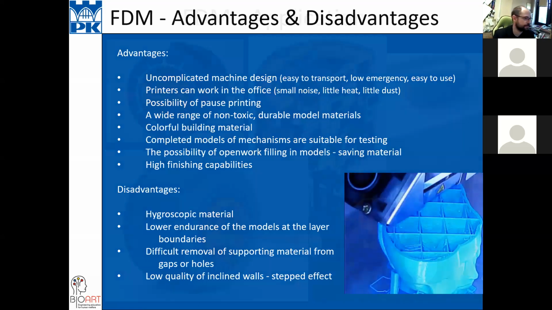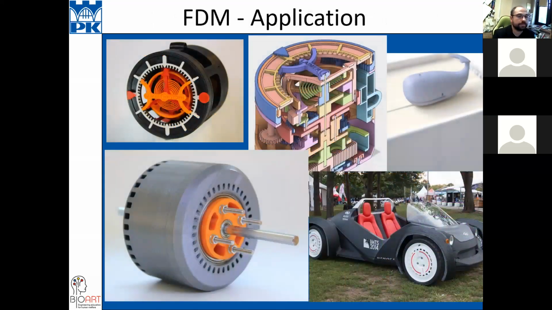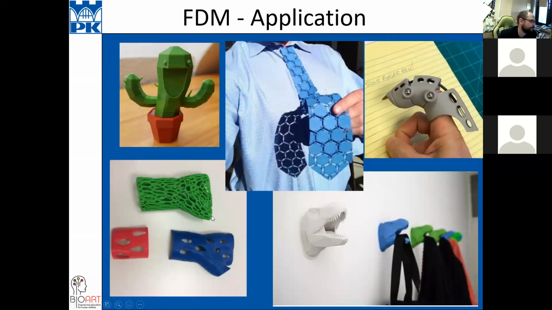Here you have some applications of FDM. This is an electrical engine, but not all parts are printed, only the shell and some parts inside. Here we have a clock. Here we have, of course, a car, but you see the layer is very high. There are some bookmarks, of course.